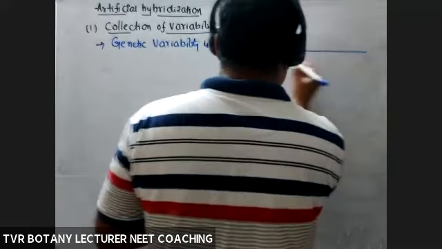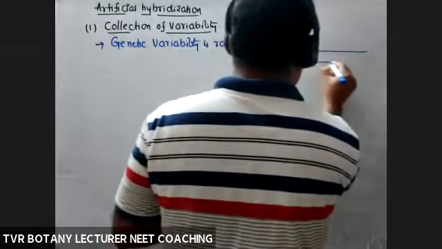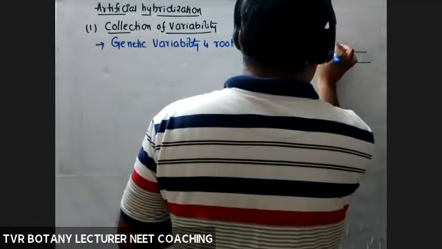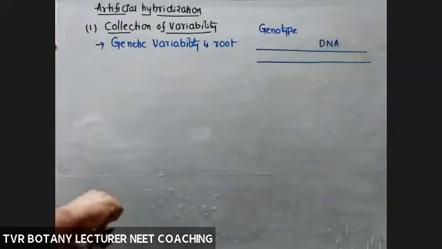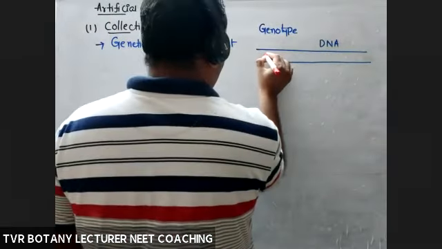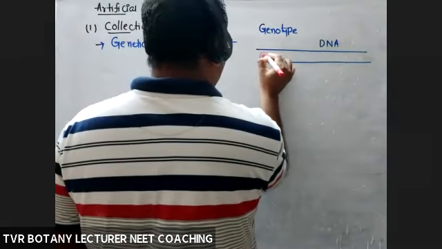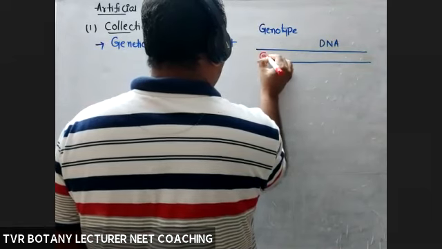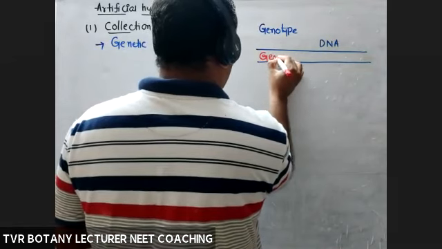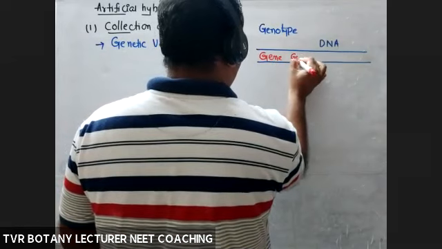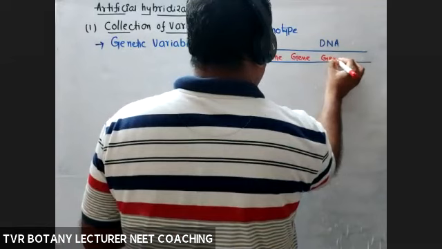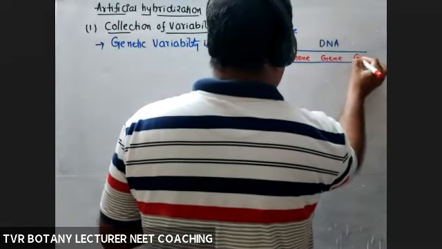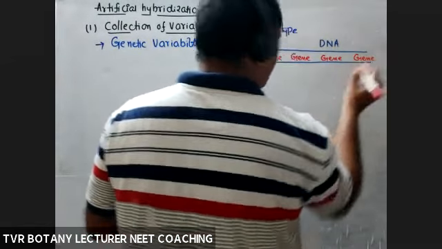This is a DNA molecule, genetic material, double stranded DNA molecule. Along the length of DNA, a number of genes are present. Gene 1, gene 2, gene 3, gene 4, many genes are present. This is a dummy one only, not the real one.